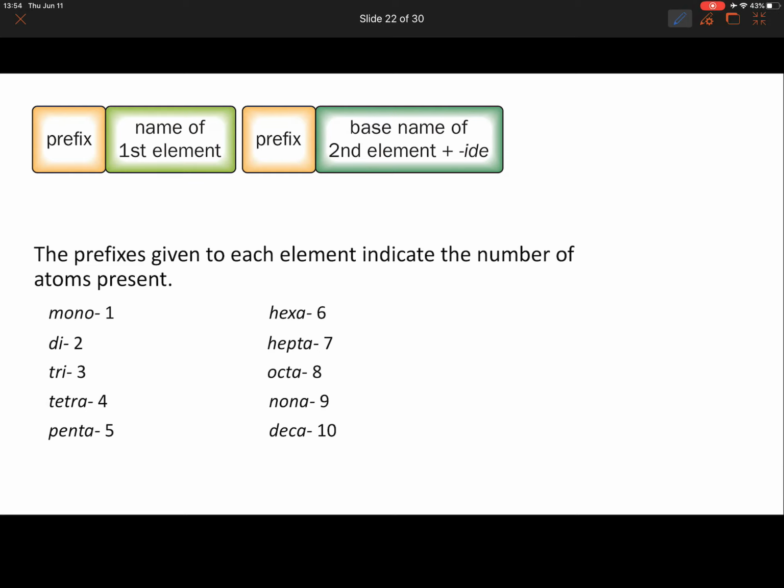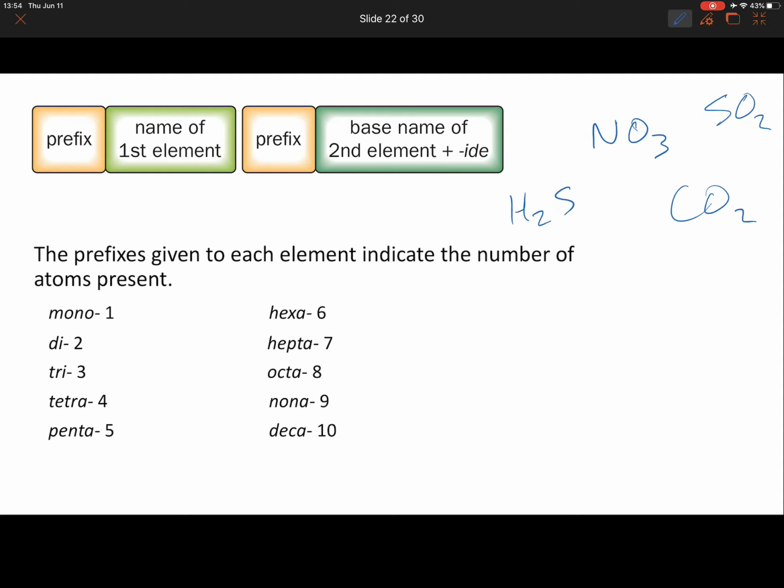How do we name this guy? Well, that's different. These are all nonmetals. NO3, SO2, CO2, right? All of these. Now, we're not going to name anything that has more than two types of atoms in it. That's beyond the scope of this class. So as long as there's two types of atoms, we can do it. So what we're going to do here is make sure first they're all nonmetals.